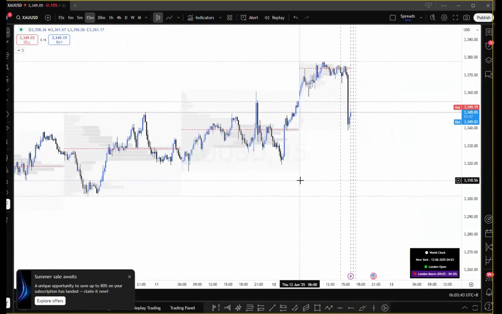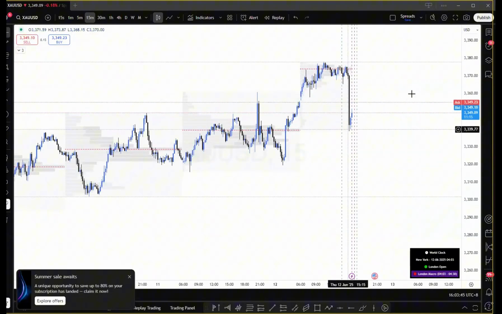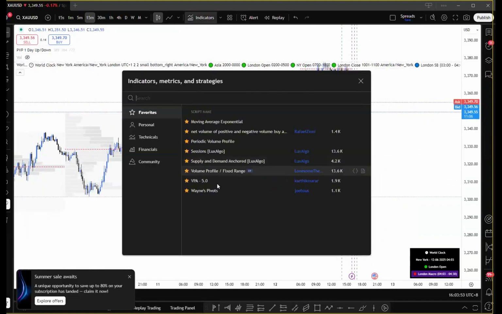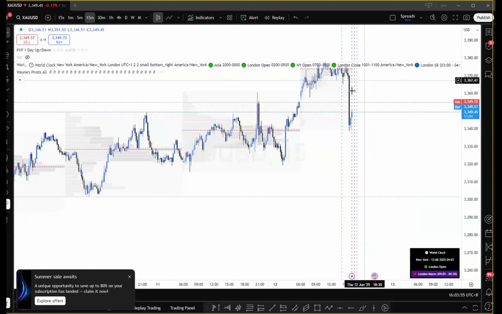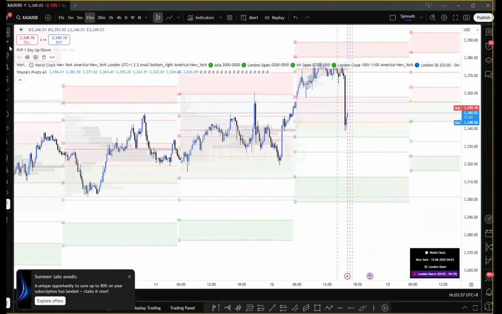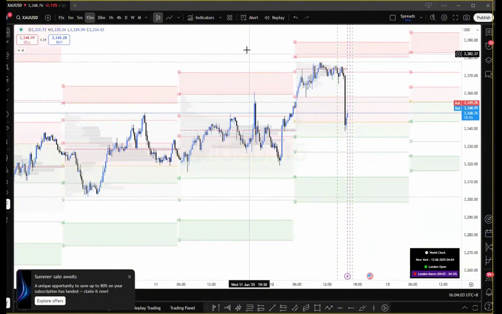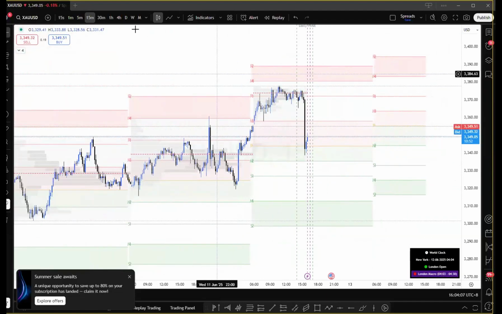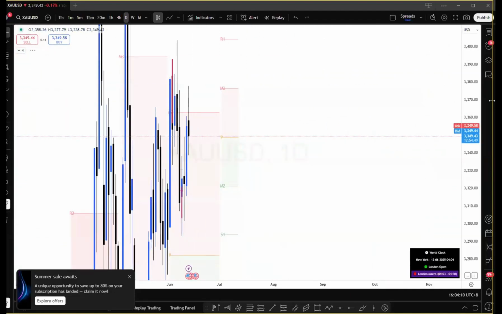Okay, so this is what we were discussing yesterday. This is XAU USD. This is gold. Let's put up the standard indicators that we have. We want the Wins pivot, and then we have our volume profile as well. It's highlighted in gray. We're going to use that a little bit later. All right, so this is the setup for gold.